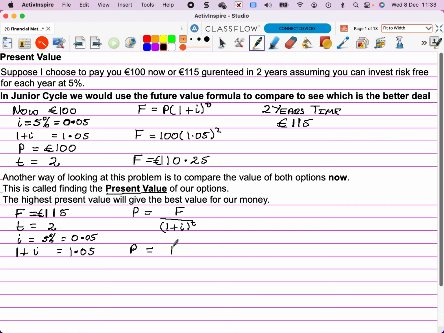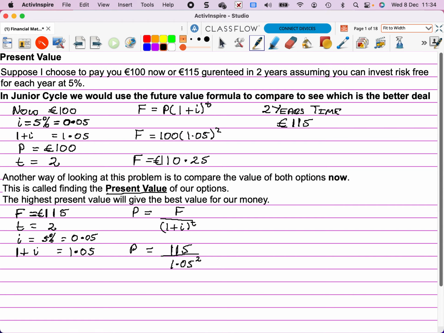We then substitute in our information. The future value is 115, 1 plus i is 1.05, and the time period is 2 years. So now we press the fraction button on our calculator, put 115 on top, and 1.05 on the bottom, raised to the power of 2.